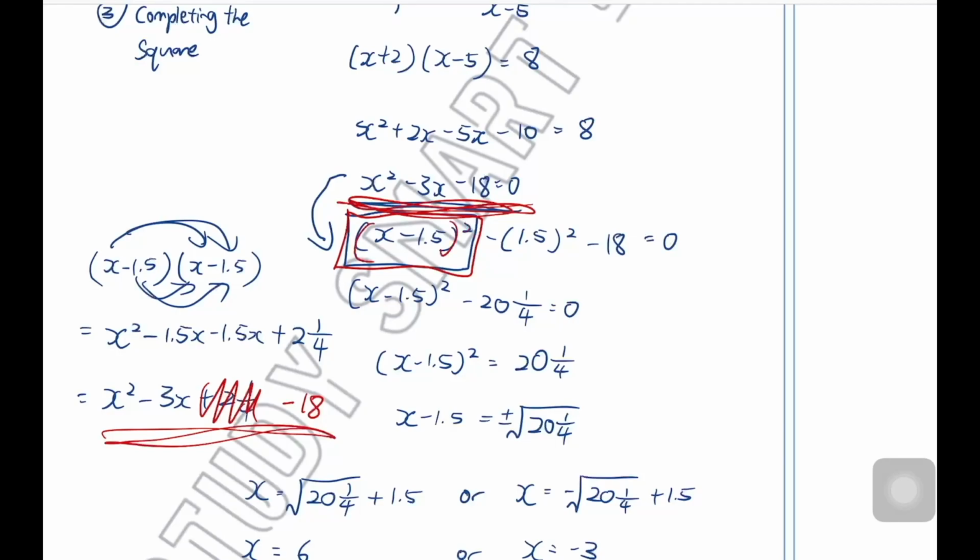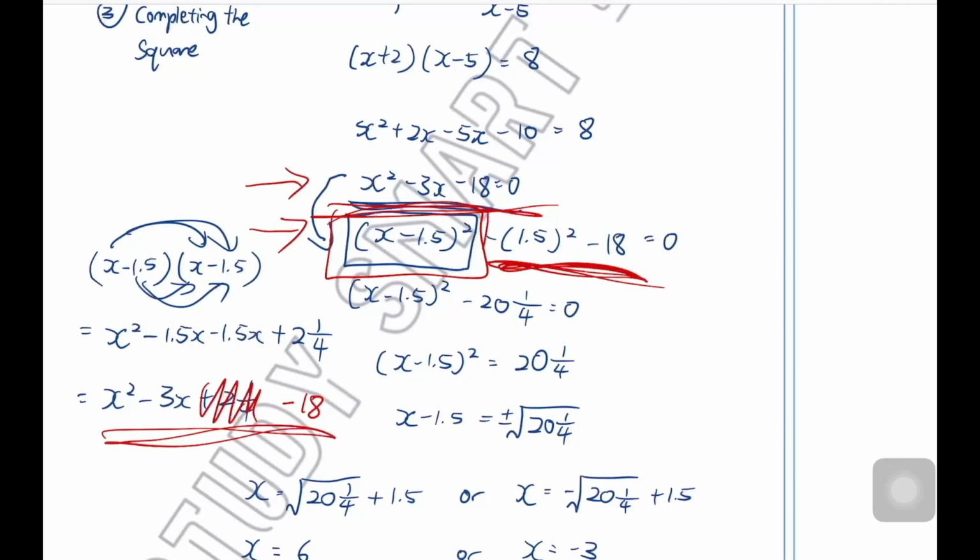Okay, so that is why a lot of students think that this bracket square form is very magical. How can you just move from this quadratic equation to this bracket square form? I didn't. I make it into the bracket square form, but because I am just turning it into a bracket square form, I need to account for the fact that this equation here and this equation here must be the same.